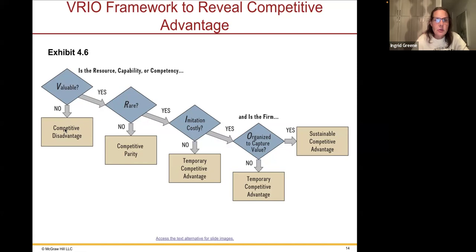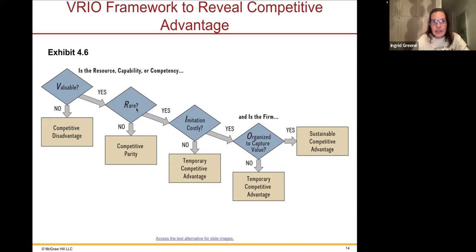If it's not valuable, then you're moving in a direction of competitive disadvantage. Looking at the yoga brand, is the yoga clothing valuable to someone? Hopefully, yes. If not, then you're not going to have a competitive advantage.